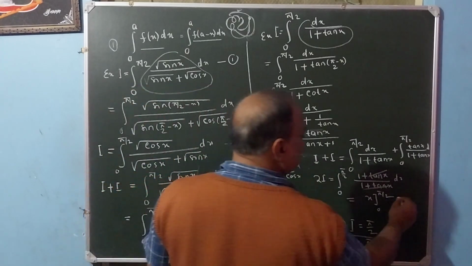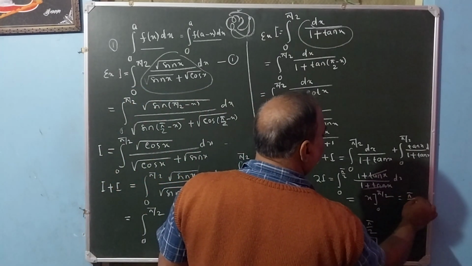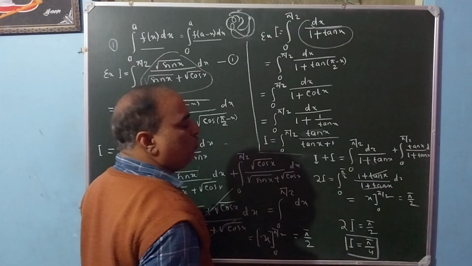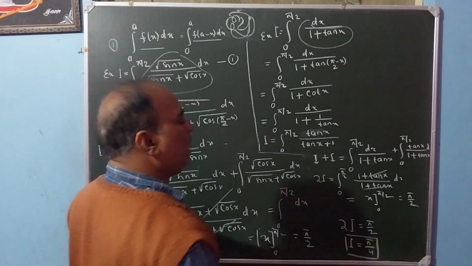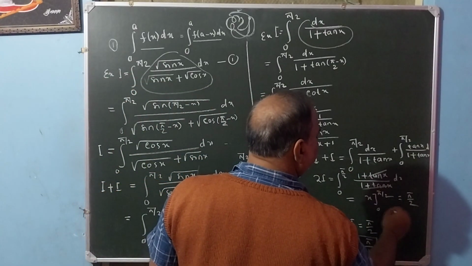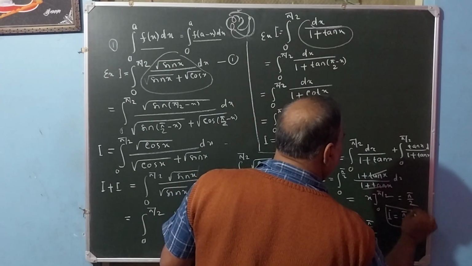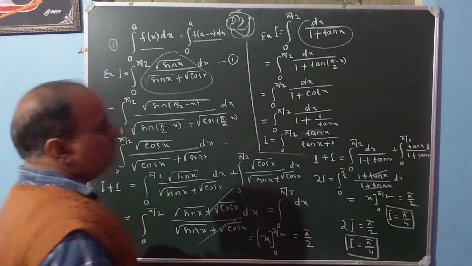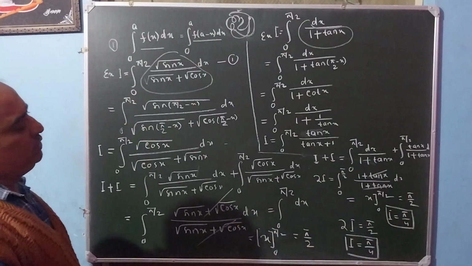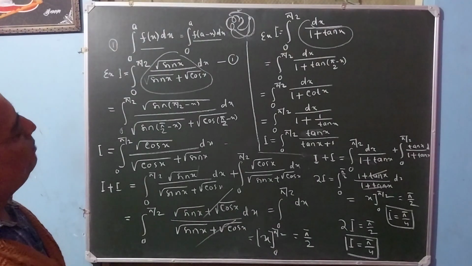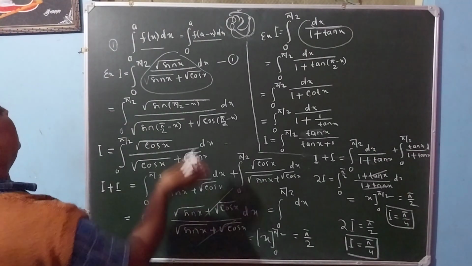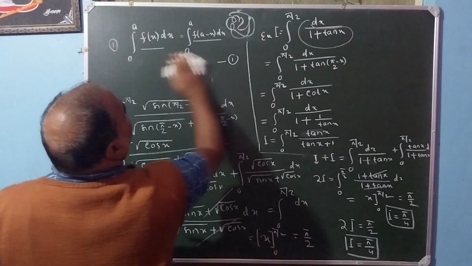So the result is pi by 2. 2I is equal to pi by 2. So I becomes pi by 4. So this is the answer of this question: I is equal to pi by 4. So let us take another question.